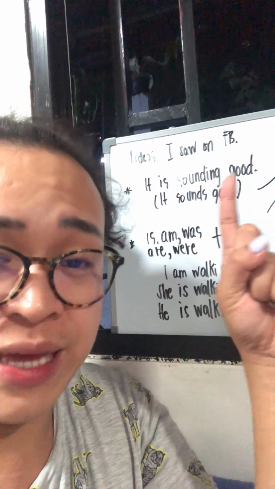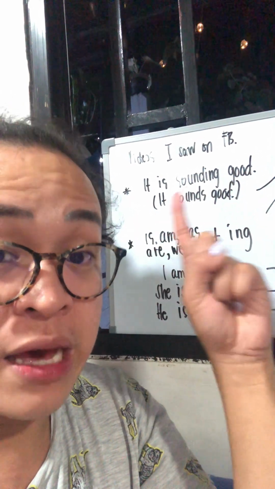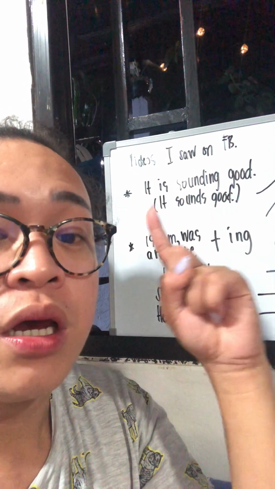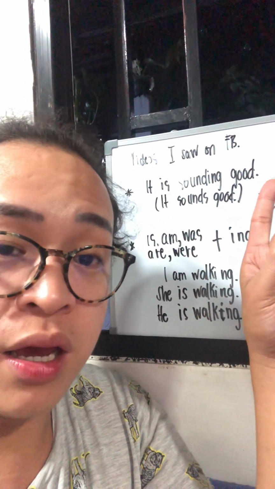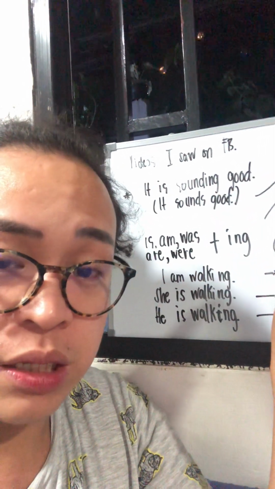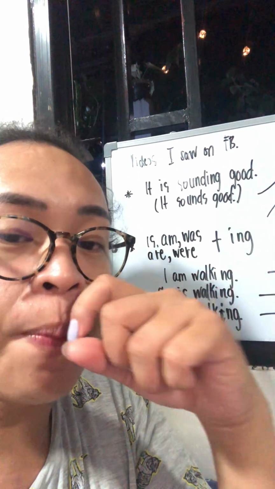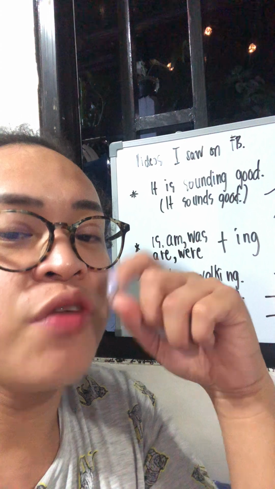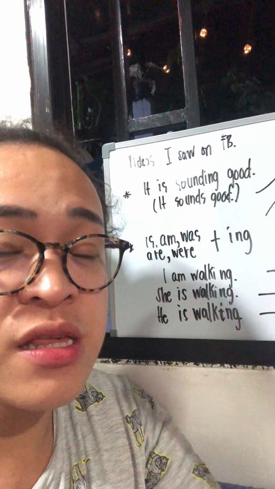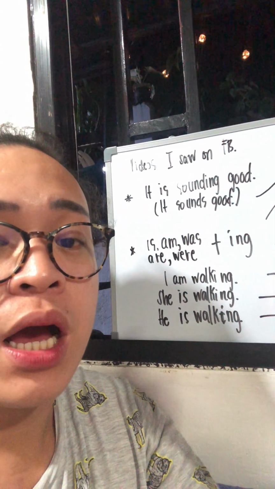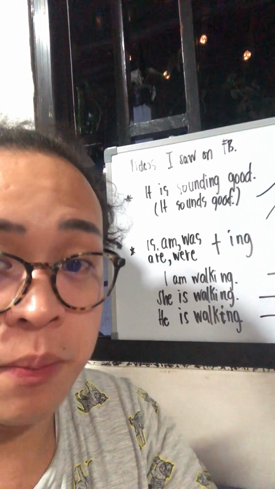Because you have the subject "it," the verb "is," helping verb, and then the main verb "sounding," and of course the predicate "good." To be exact, predicate adjective. So this is correct because is followed by the ing form of the main verb.